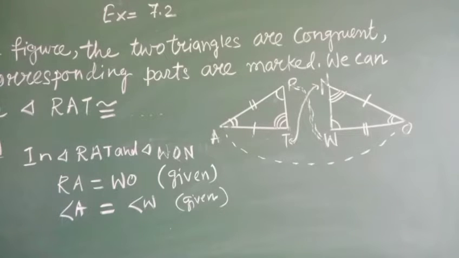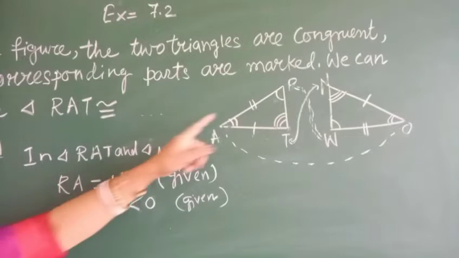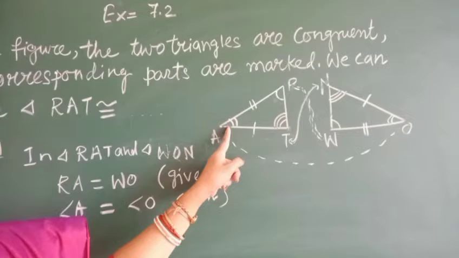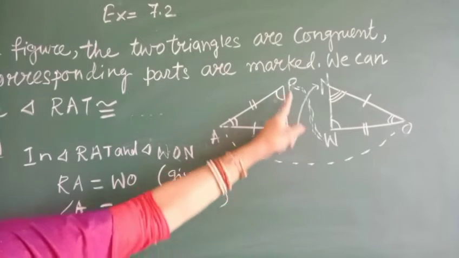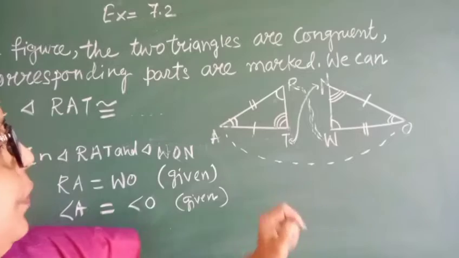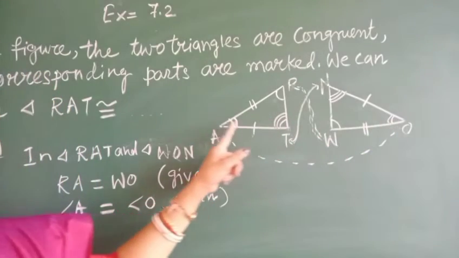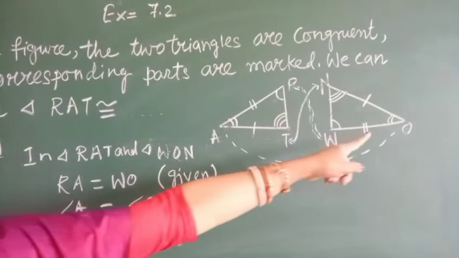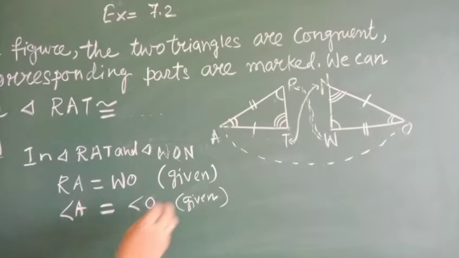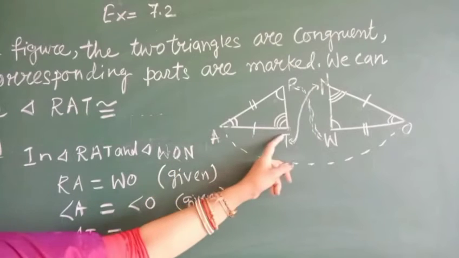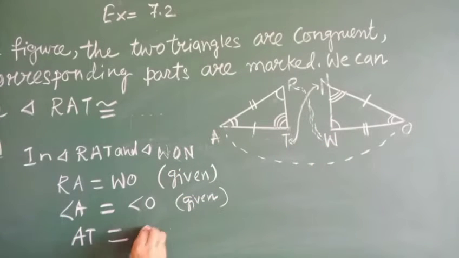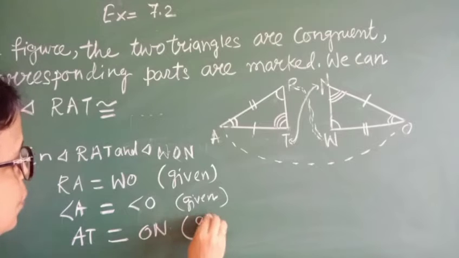Angle A is equal to angle O. RA is the same as WO, and angle A, double mark is there, is the same as angle O. So side AT is the same as OA. See the mark. This is also given.